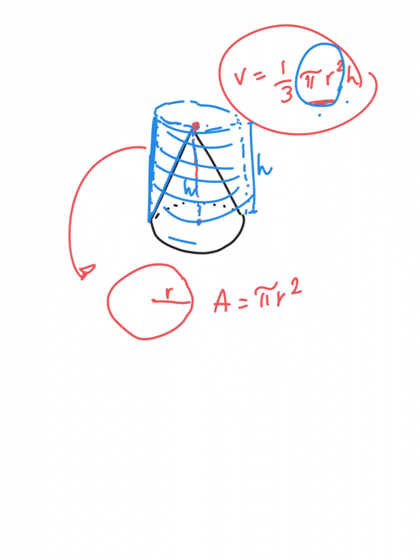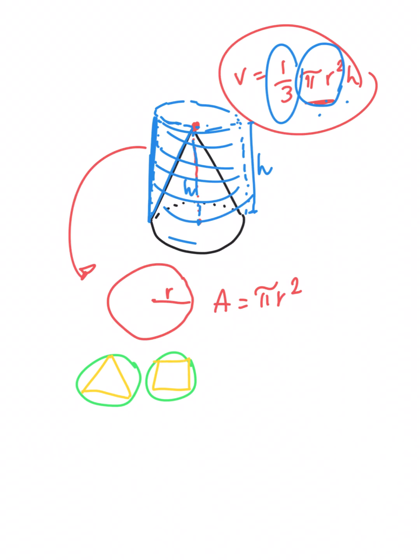Now the question is, why is it a third? One way of explaining it is that if we look at the circle, there could be polygons on the inside of it.